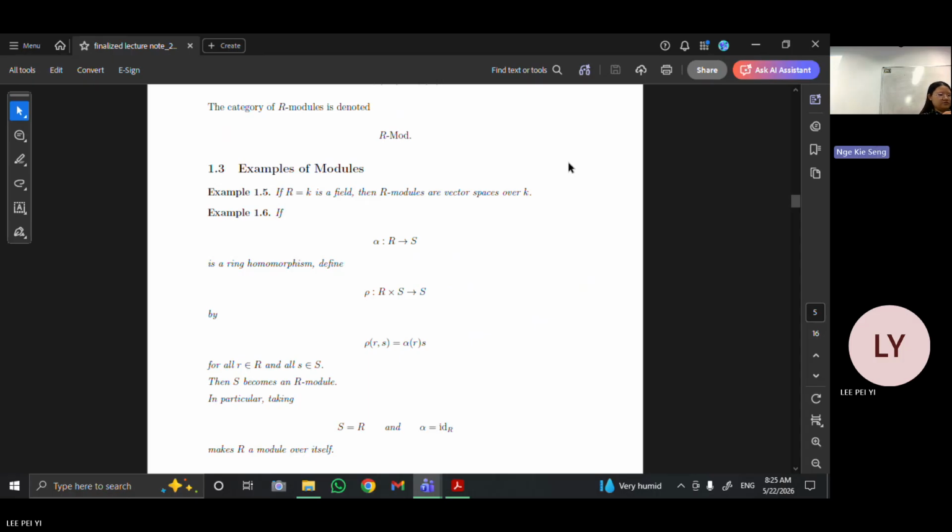However, module theory is much broader because a ring may lack multiplicative inverses.